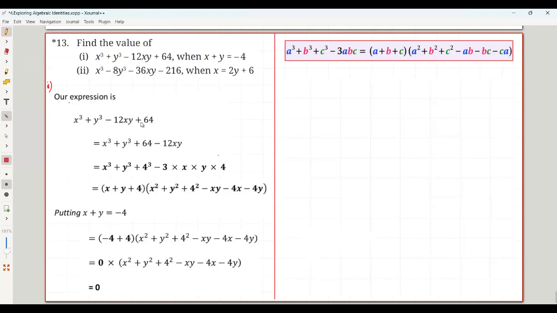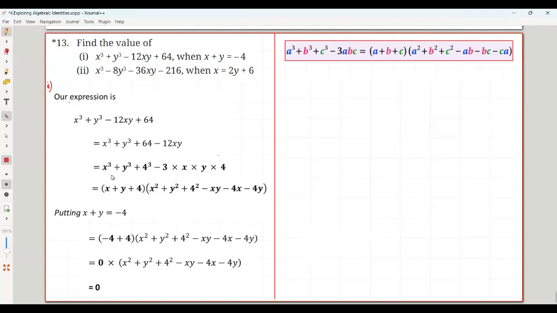64 at the last. So just bring it to the first: x cube plus y cube plus 64 minus 12xy. Now this is in the form of x cube plus y cube plus 64, which can be written as 4 the whole cube, minus, so we have to bring according to the 3abc, 3 into a into b into c.